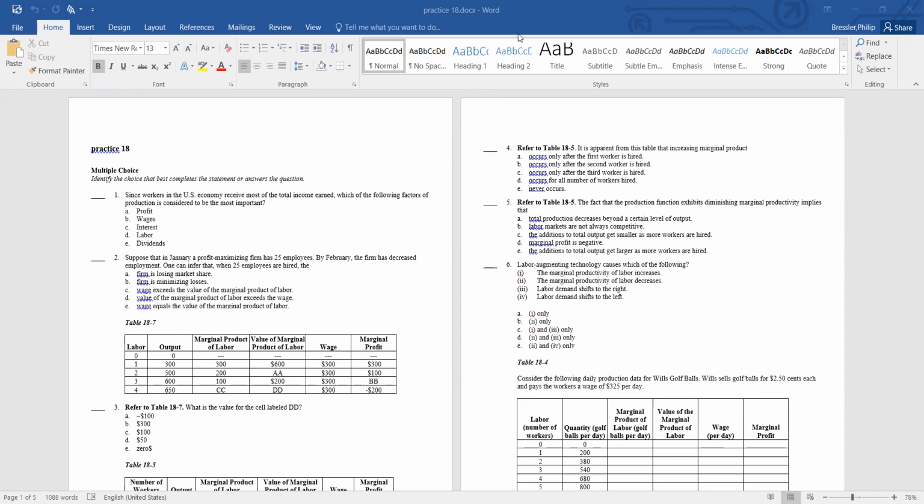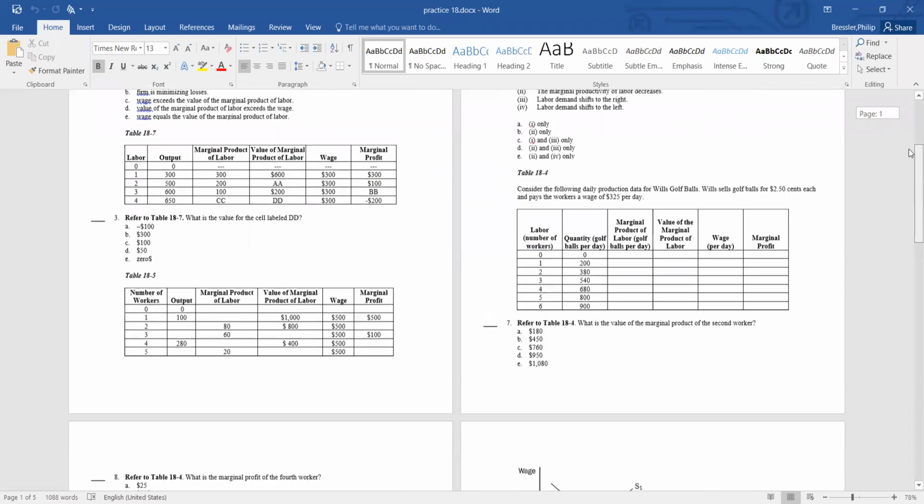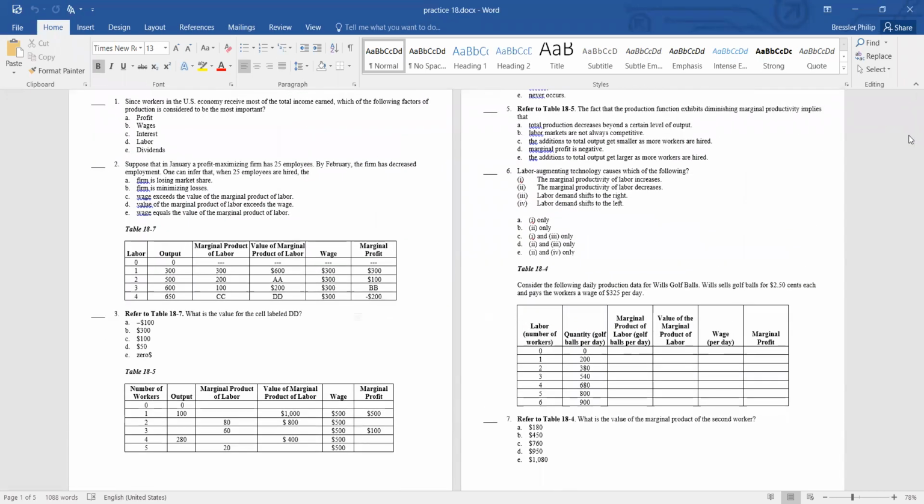Number 6. All right, so let me scroll down to number 6. Oh, there it is. Let's just move this box over. All right, labor augmented technology. So that's a demand shifter.